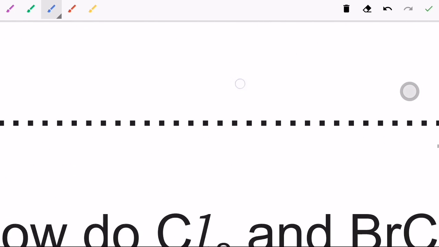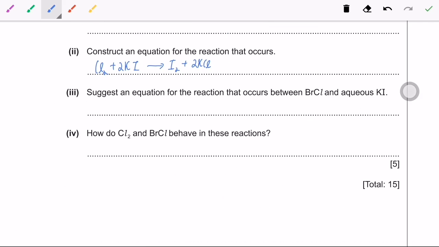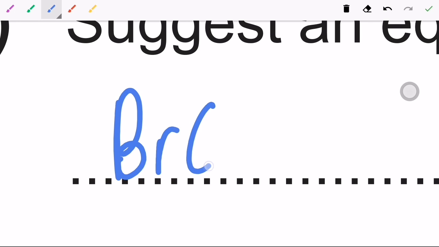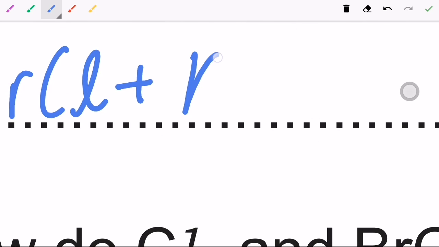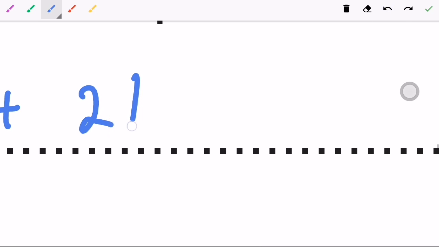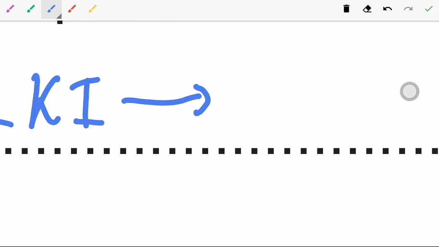Now suggest an equation for the reaction that occurs between BrCl and aqueous KI. Of course you need BrCl and KI. You've got two molecules to displace, so each molecule displaces one.